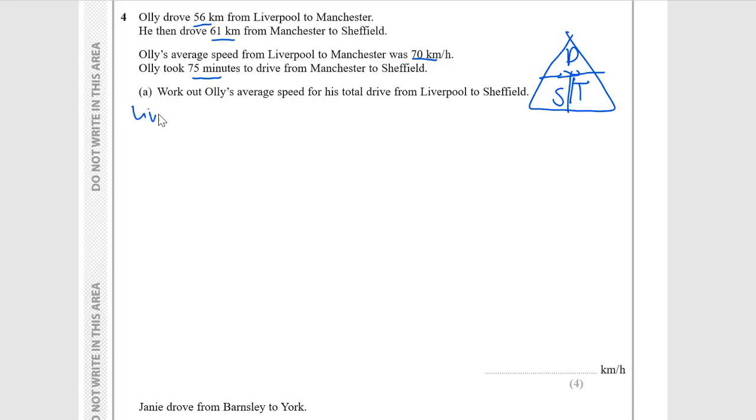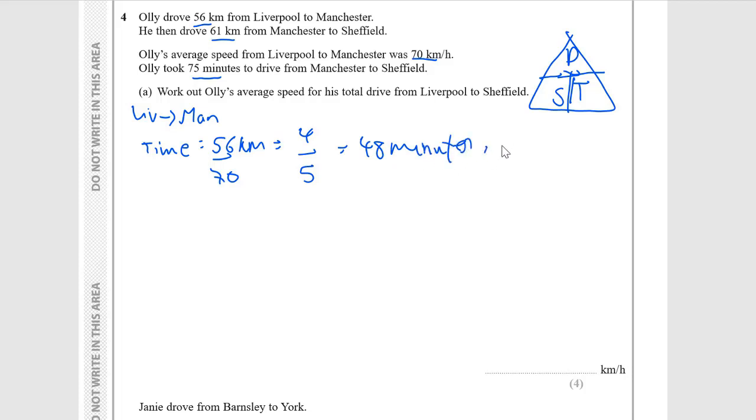So he went from Liverpool to Manchester, and the time it took him was, so 56 kilometers was the distance, and he was driving at 70 kilometers per hour, which is simplified to 4 over 5, and this is equivalent to 48 minutes, okay, because 4 over 5 times 60 is 48.